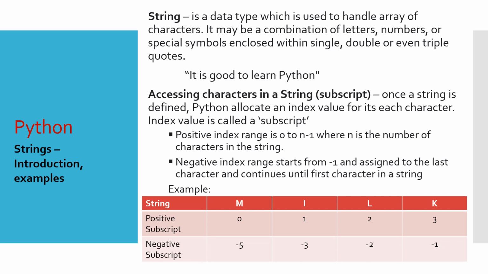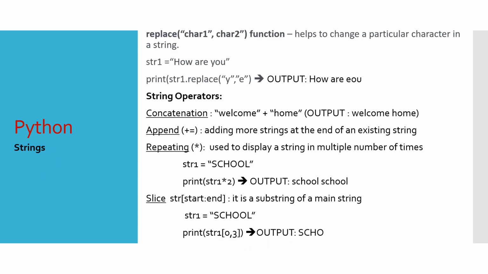There is also another way of doing it, which is using negative index. You just start assigning negative values, basically starting with the first letter with the minus value of the maximum length. So let's see some more examples of how you do substringing or subscripting.